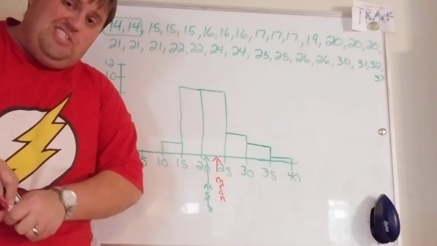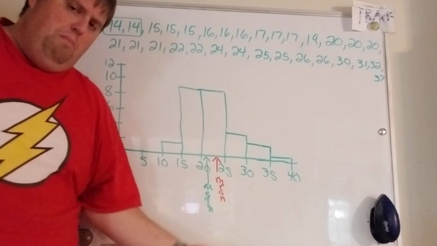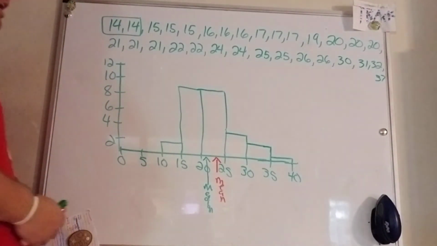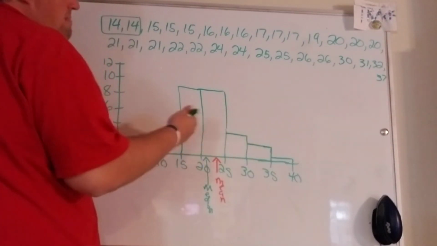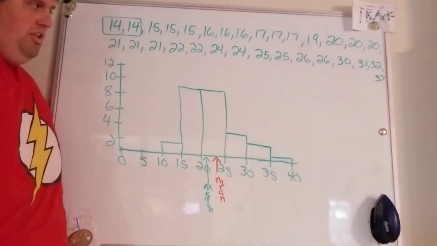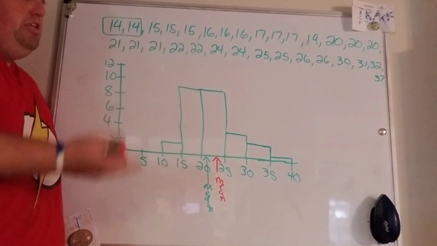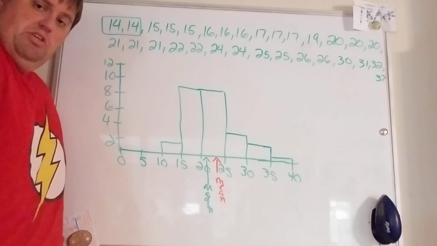And that's obviously just an estimate, but that's what histograms are really good for. They give us an overall picture of the distribution of the data, and it lets me see what the shape looks like and where I think my median and mean could be. So that's, generally speaking, what a histogram looks like, how we use it, and how we can draw one, which is what you guys are going to have to do.